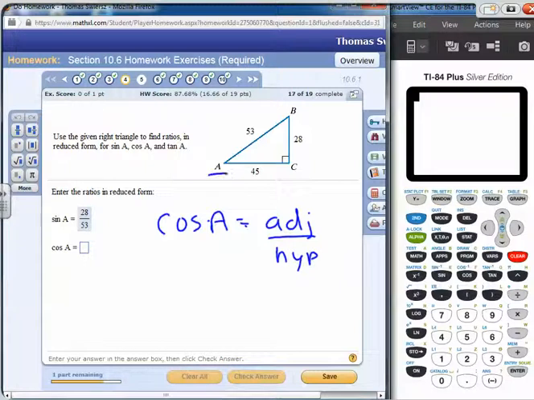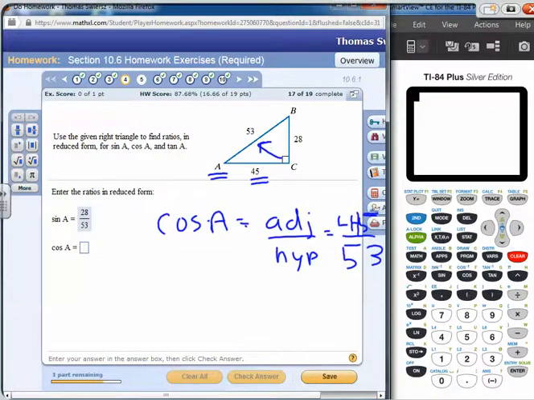And with respect to angle A, the side adjacent, the leg that's next to it that forms the right angle, would be the 45. And the side hypotenuse, again opposite the right angle, is going to be the 53. So it's going to be 45 over 53.